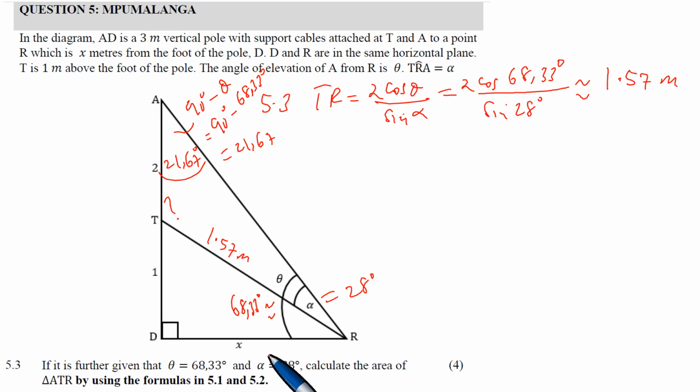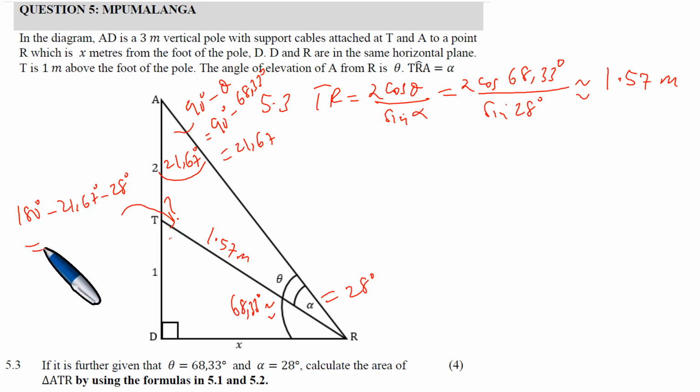Now we are actually better placed to get the results. We just need to get this angle here. There are a couple of ways to get this angle there. Because there's this angle and this angle, we can just easily get it. What is that angle? It's 180 degrees minus 21.67 degrees minus the angle alpha, 28 degrees. Or you can say this is equal to this plus this, subtracted from 180.